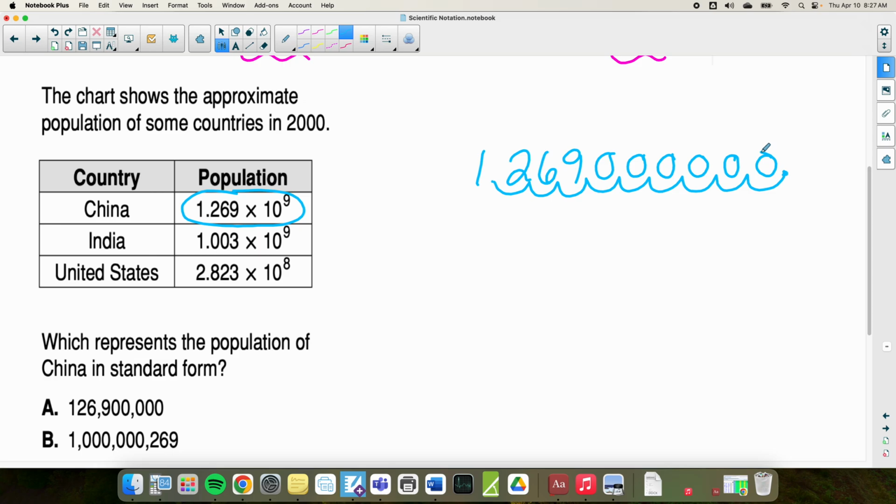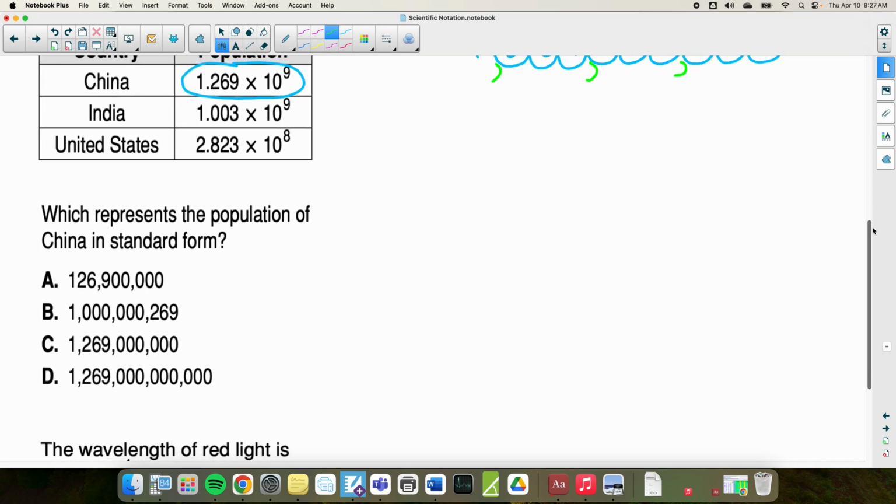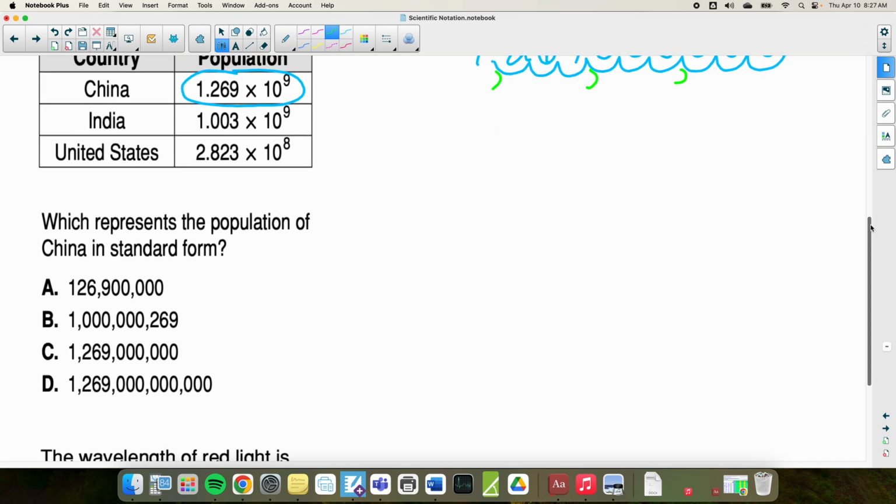Then I can go back and look at what that number is. I have 3 zeros here, so there's a comma, 3 zeros here, so there's a comma, 3 numbers, comma. So isn't this really 1,269,000,000? And wouldn't that be this one right here? Do you guys get that?